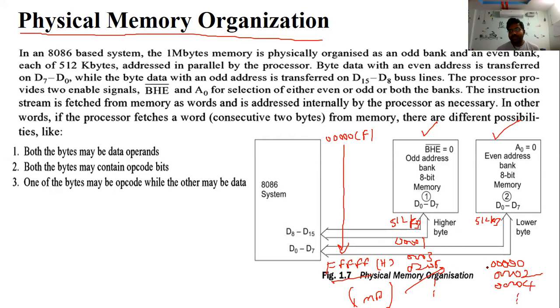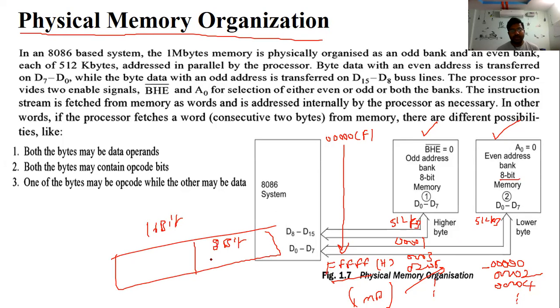Whatever data is present in these addresses is stored in this even address bank, that is an 8-bit bank, then another 8-bit bank. You know that our microprocessor is 16-bit. The 16-bit is divided into 8 bits lower and 8 bits higher. The higher order 8 bits you can consider as the odd address bank, and the lower order 8 bits are stored in the even address bank.